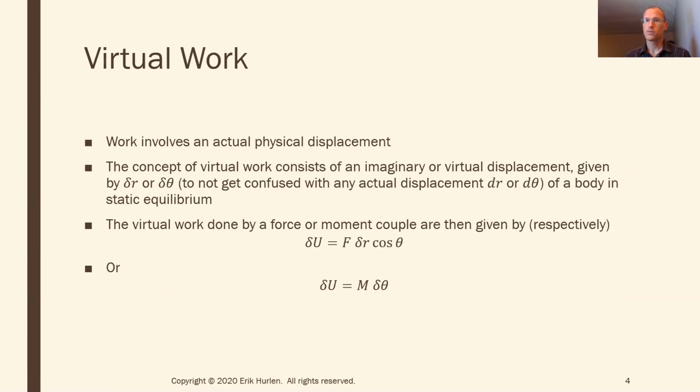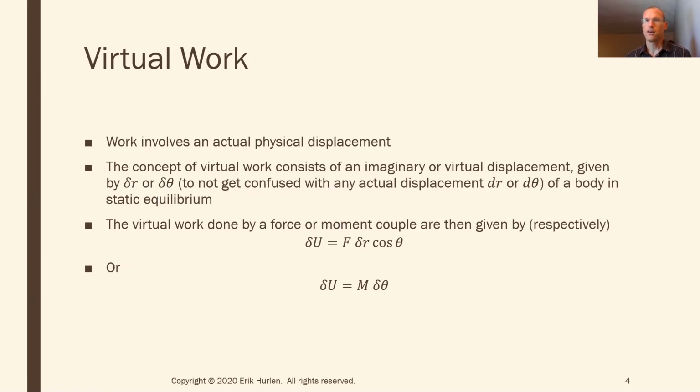So what we do is we use something called virtual work, which is kind of like an imaginary displacement, because again, in statics the point is nothing's moving. For virtual work, I give it an imaginary or virtual displacement given by delta r or delta theta, whereas dr and d theta are the actual displacements. So slightly different notation to denote that this is not an actual displacement, it's just an imaginary displacement.